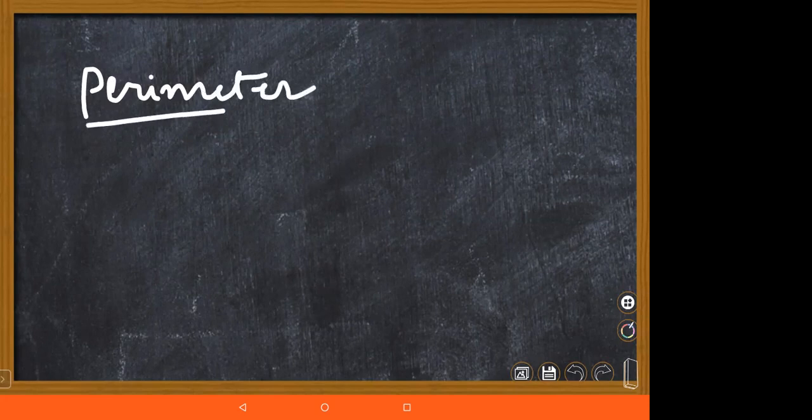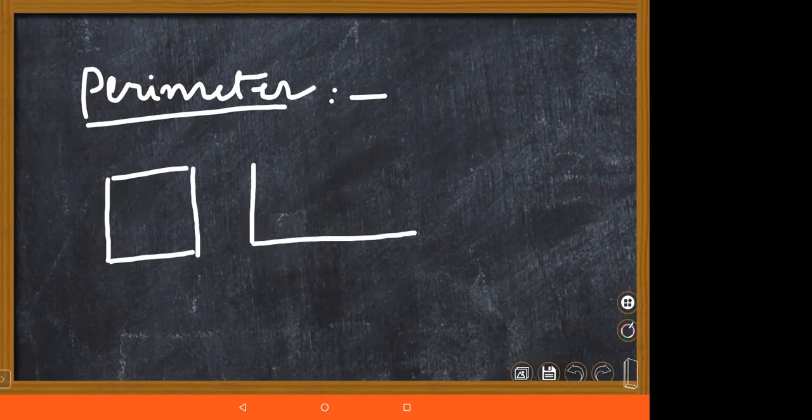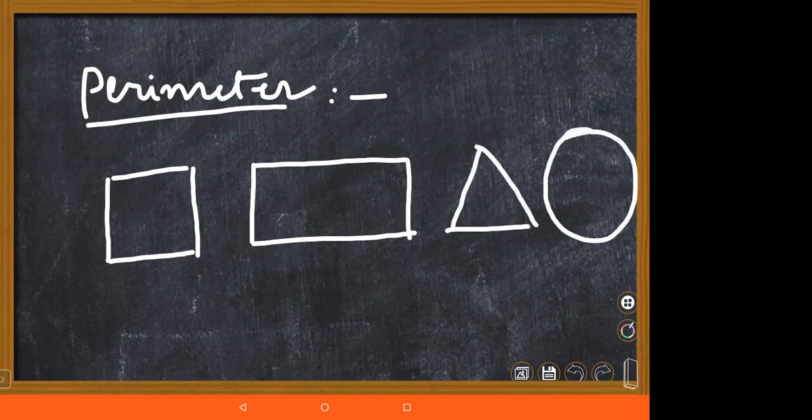What is perimeter? It is the length of the boundary of a 2D shape. Suppose I'm taking different figures here, children. What is the first shape?